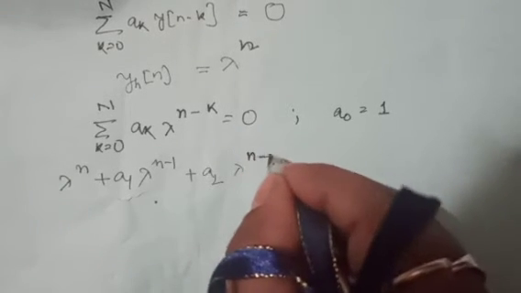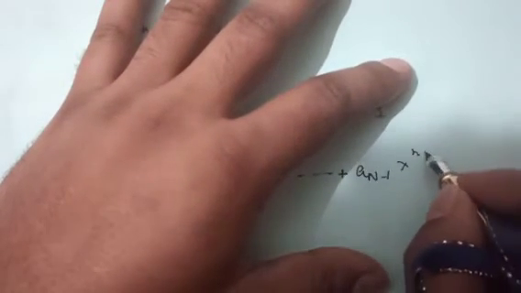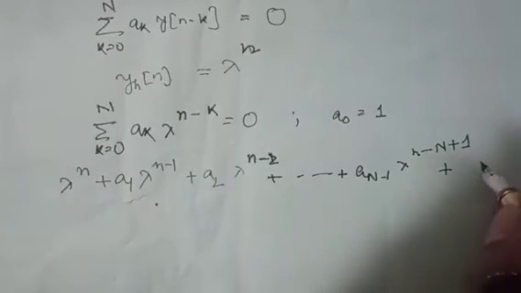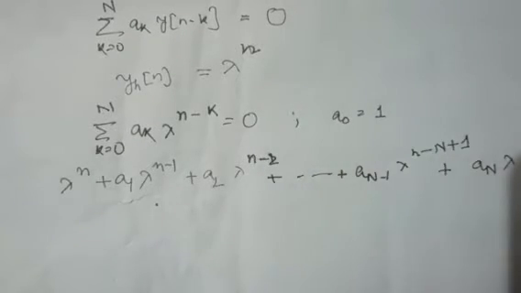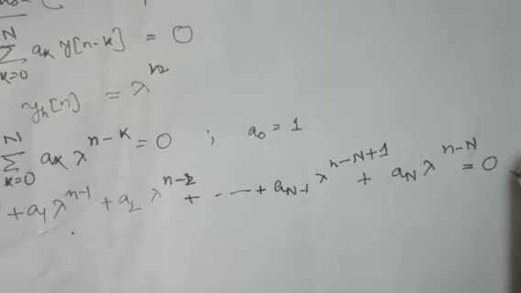Since it is of order N, the terms go up to a_{N-1} lambda to the power n minus N plus 1, and the last term is a_N lambda to the power n minus N, equal to 0.